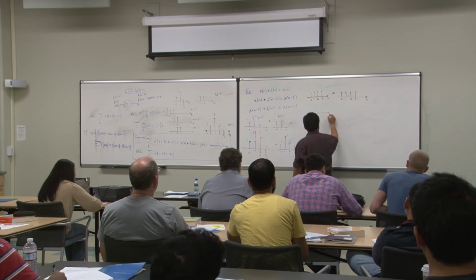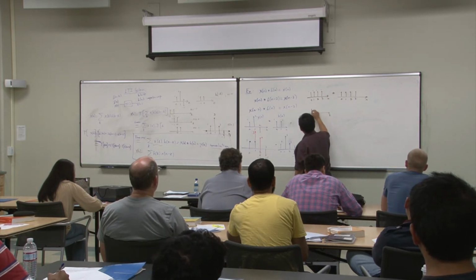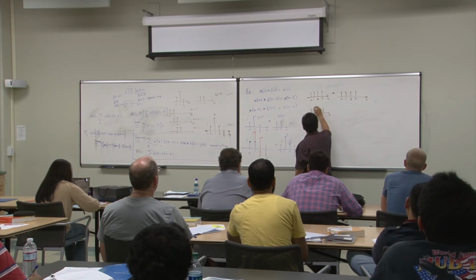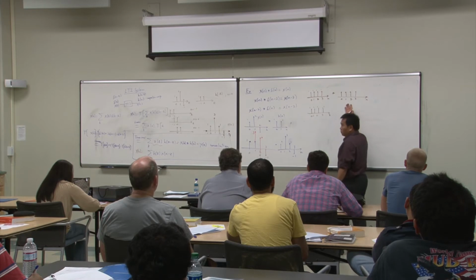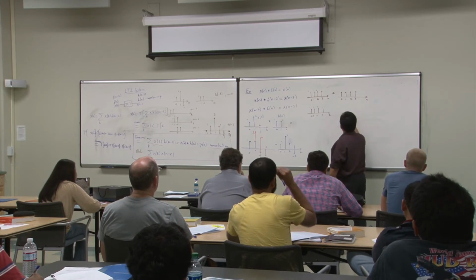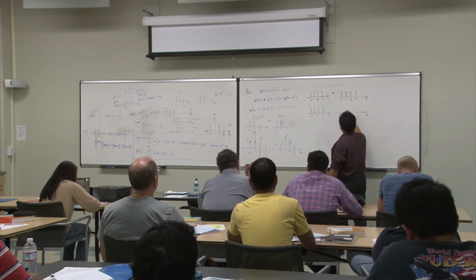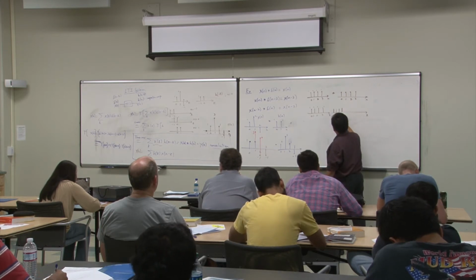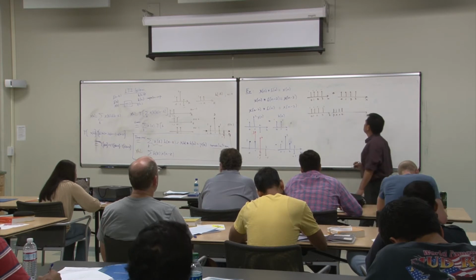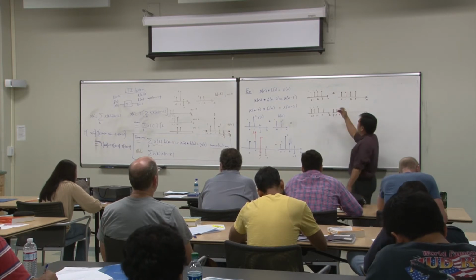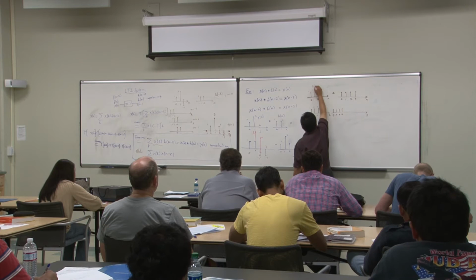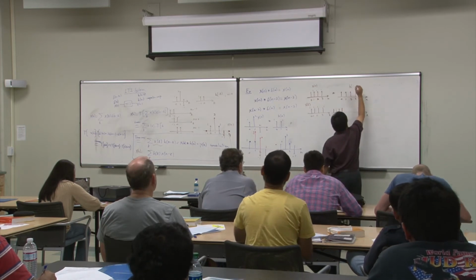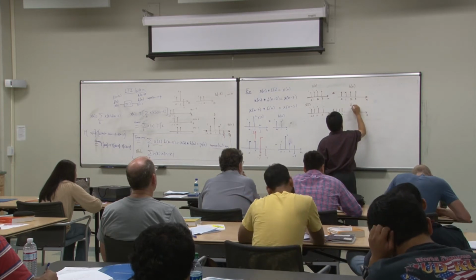Keep this one the same. Let's call it k. This guy I'm going to flip. So I can call this x of n, x of k, h of n, x of minus k.